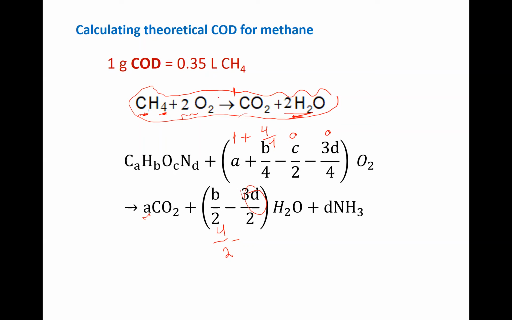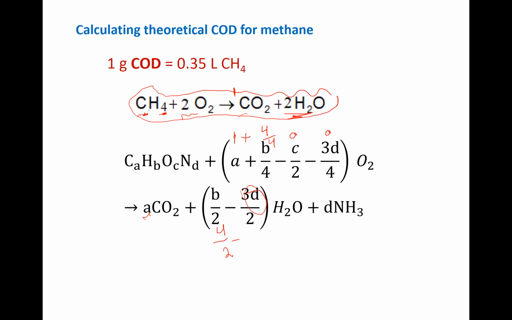What we need to do now is go back to the stoichiometry and calculate why I see this in the literature: 1 gram of COD equals 0.35 liter of methane. How to do this? Let's go into a little bit more detail. From the previous slide, I have CH4 plus 2 moles of oxygen equals 1 mole of CO2 plus 2 moles of H2O, correct?